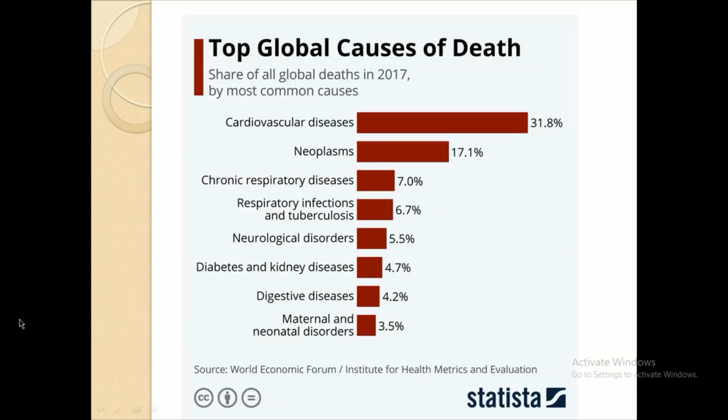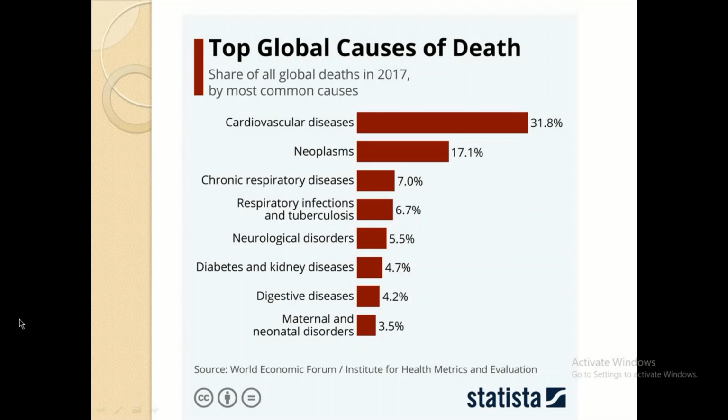A top global causes of death survey was taken in the year 2017 for some of the most common causes. The first cause was occupied by cardiovascular diseases, about 31.8% of the people who die because of cardiovascular diseases.